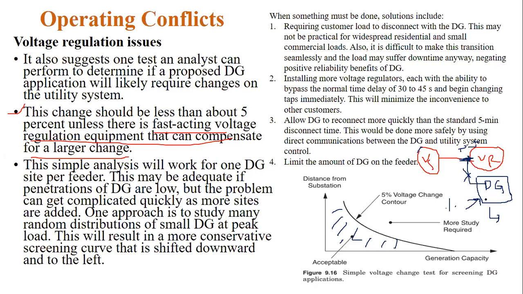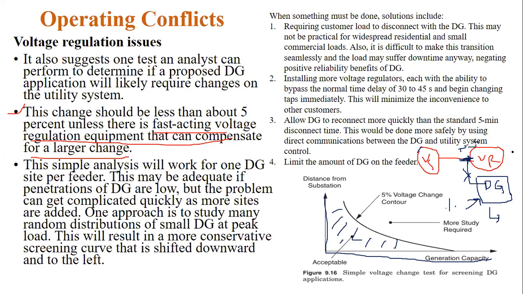How to calculate the percentage of that voltage change? How to take the measure as a quantity? When you add this DG to the system, you can suddenly remove this DG. In that removing case, how much voltage falls at this VR?